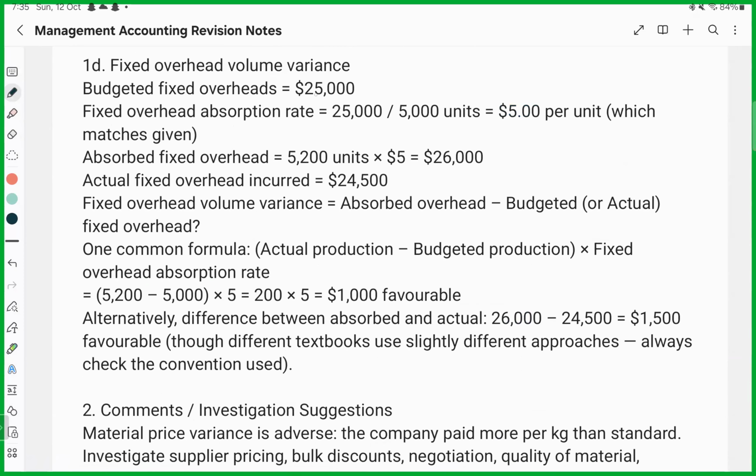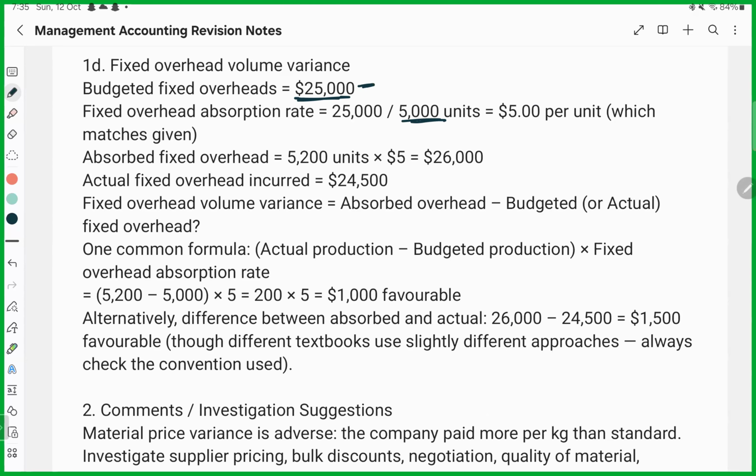So we decided that the budgeted fixed overheads are going to be 25,000 rupees. Fixed overhead absorption rate: we read in the previous topics that we allocate the budgeted fixed overheads over the quantity, basically the number of units that we are going to produce. We were planning to incur overhead of 25,000 over 5,000 units.